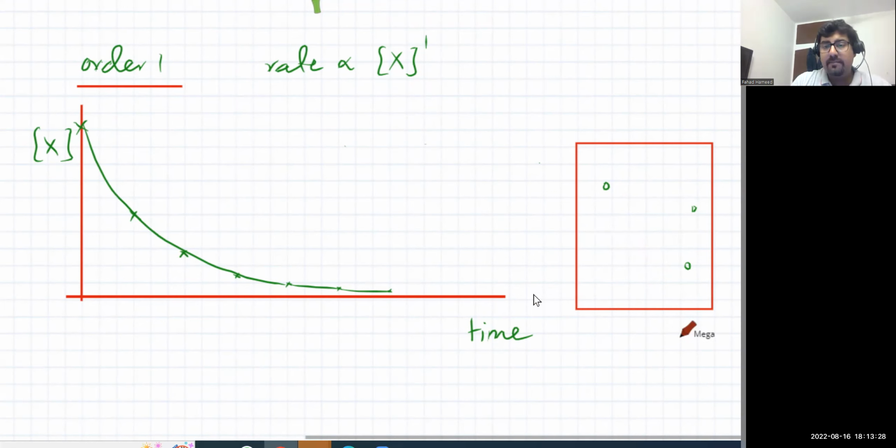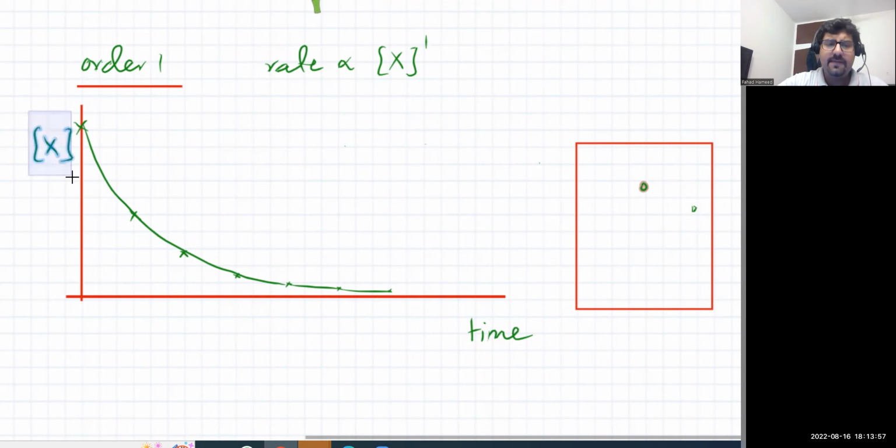Then the concentration of X decreases further and the particles are flying around, but they can't find each other. So there'll be even less frequent collisions, and it's going to take a longer time. This is X to the power 1. This is order 1.